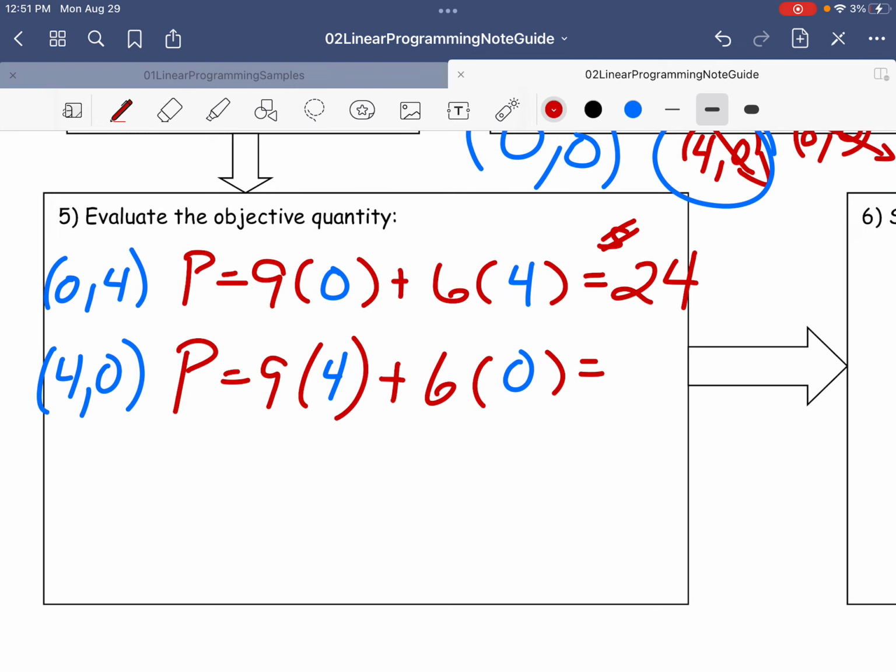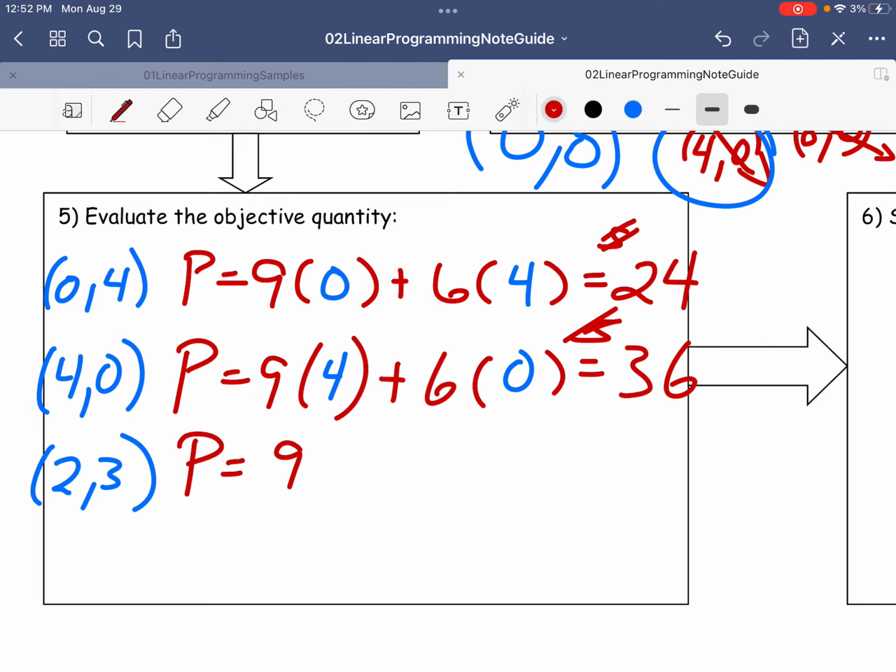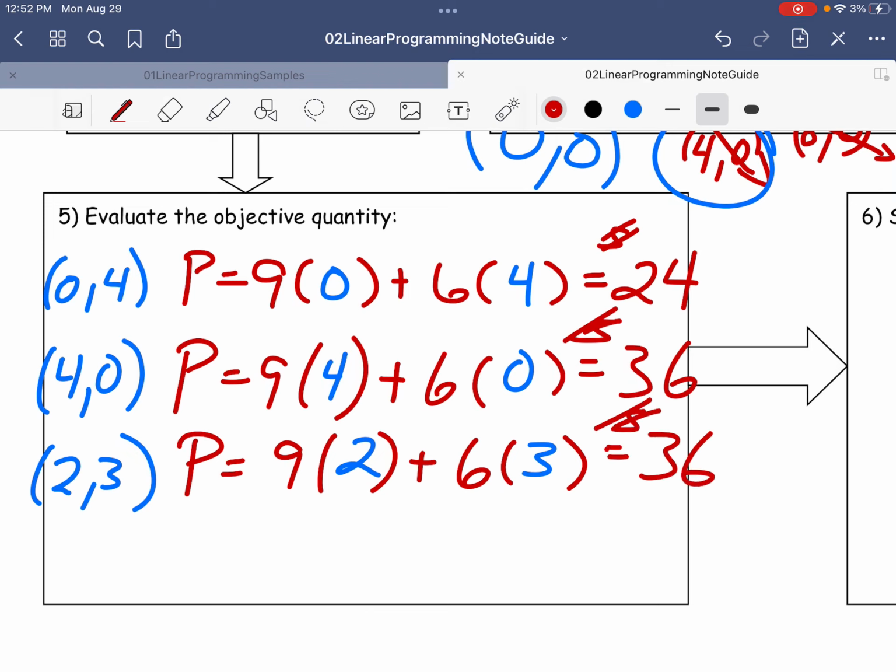Looks like $9 times 4 phones plus 0 is $36 profit. Even more. What if I make a little bit of each? It turns out that if I make 2 deluxe phones and 3 standard phones, I'm going to get 18 plus 18, which is also 36.